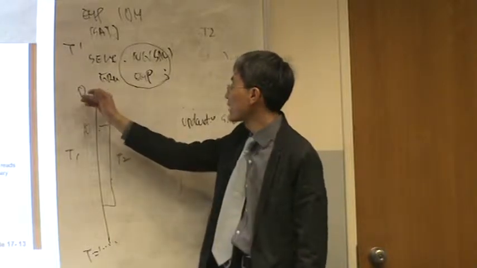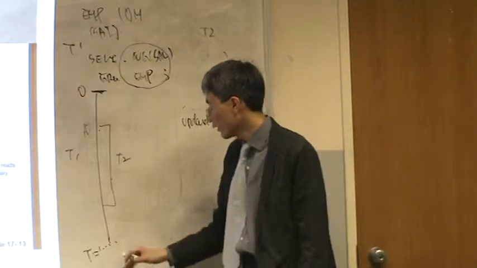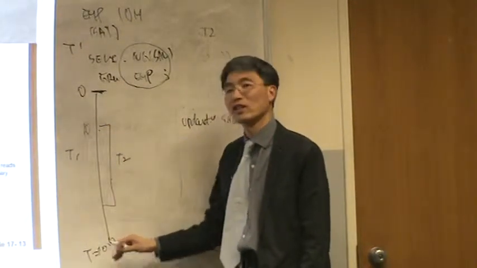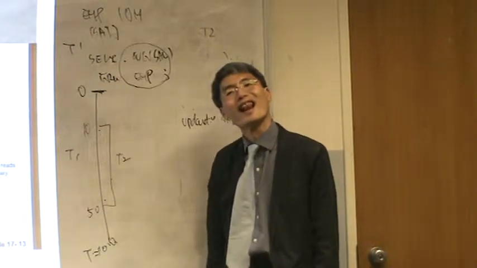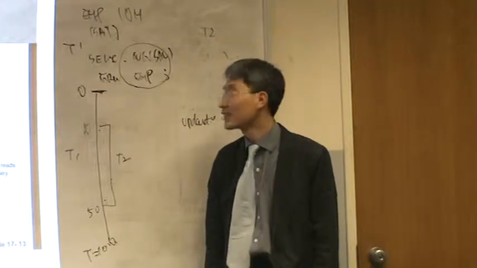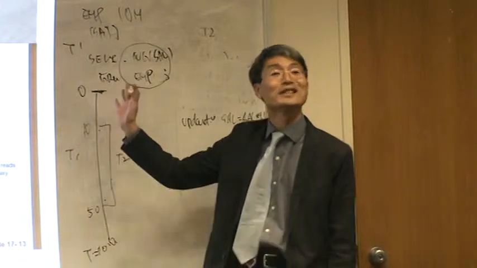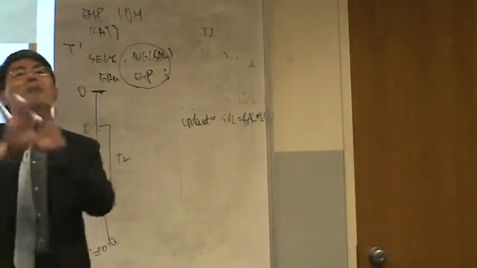Is it based on T0 or T10, or let's say T100 or T50? It's supposed to be T0, but if you do not have such a solution, it's messed up.